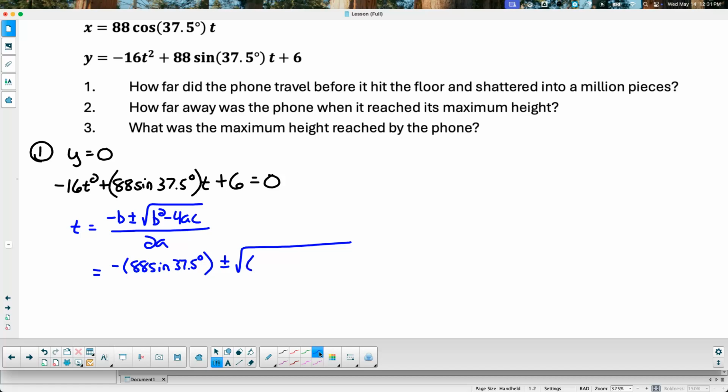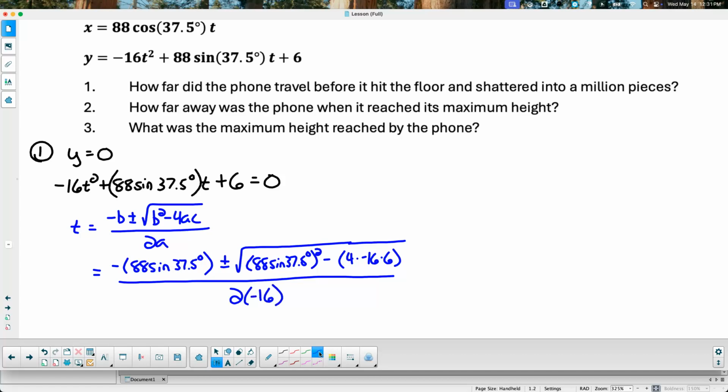Then I've got 88 sine of 37.5 degrees, and I got to square that, minus 4 times negative 16 times 6. Extend that out just a little bit. And then I've got that over 2 times negative 16. Do we agree with that?